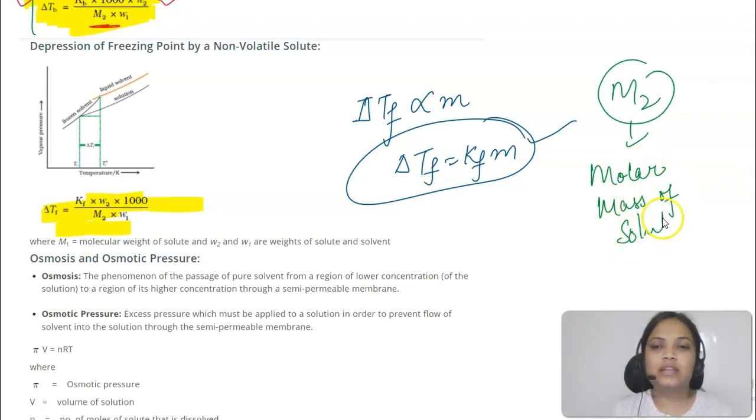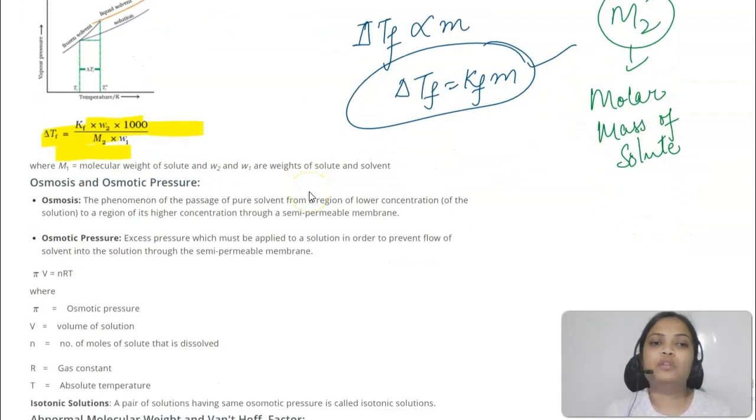Okay, then the next one is your osmosis. So you know the osmosis is actually the passage of pure solvent. So pure solvent का जो movement होता है that is from a lower concentration to higher concentration through a semi-permeable membrane. Okay, मतलब solvent की तरफ से it goes to the solution side. सॉल्वेंट की तरफ लोअर कंसंट्रेशन रहेगी और हायर कंसंट्रेशन ऑफ सॉल्यूशन की तरफ वो मूव करता है.